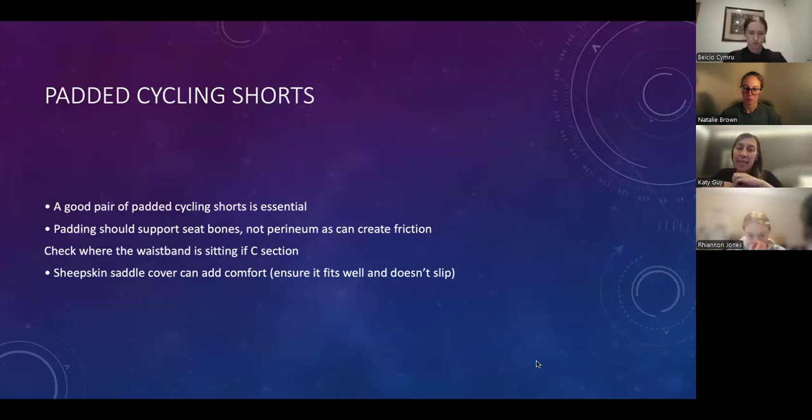Also, if you've had a C-section, just have a little check where the waistband is sitting so that it's not rubbing, because the position you go in on the bike may mean that those cycling shorts kind of roll down and sit right over the scar and just irritate it. Okay. You can add additional comfort if you want to, using a kind of sheepskin saddle cover, but again, make sure it fits well and it doesn't slip, because that could give you increased pain over scar sites.